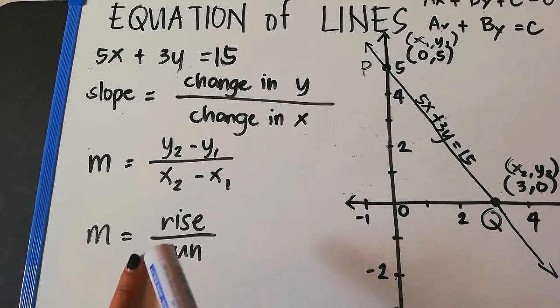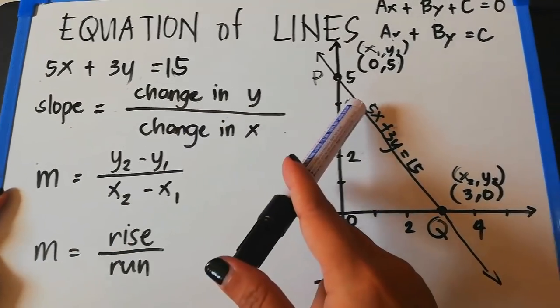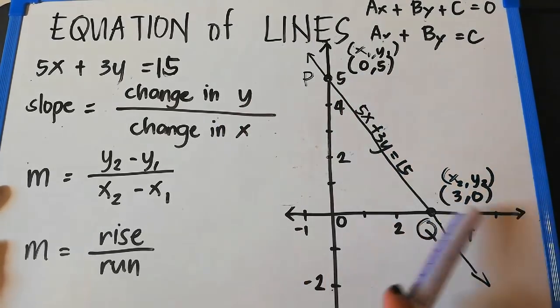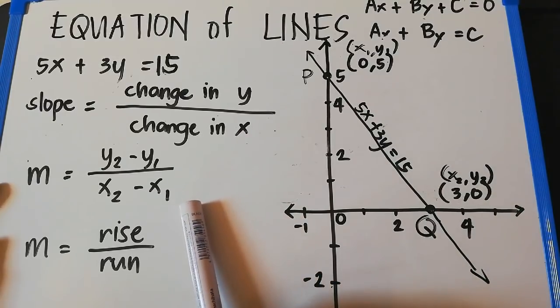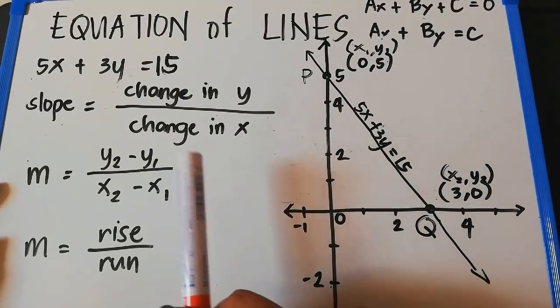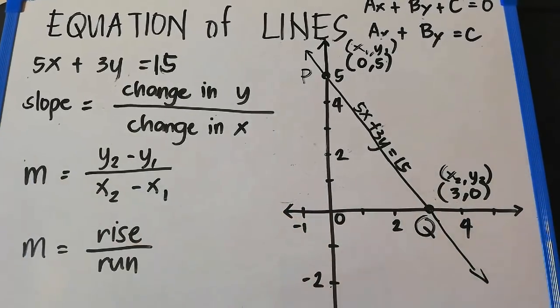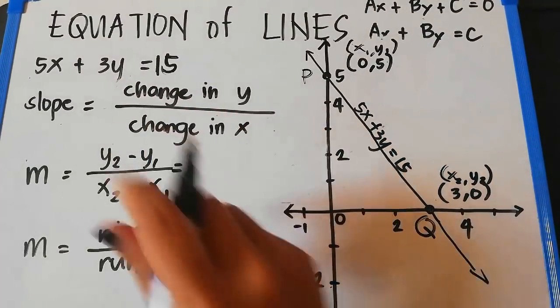So, to find the slope of the given equation of the line passing through the points 0, 5, and 3, 0, pwede natin gamitin itong formula na to, which is y sub 2 minus y sub 1 over x sub 2 minus x sub 1. So, by substitution on the formula, so ano ba ang ating y sub 2?